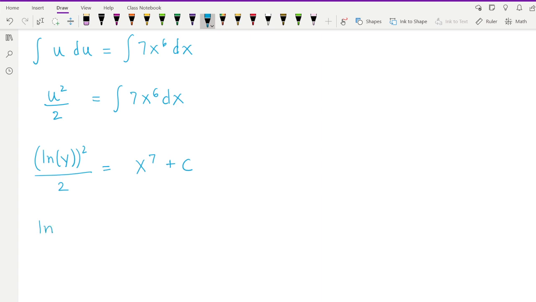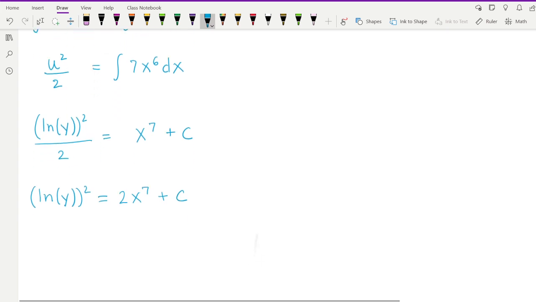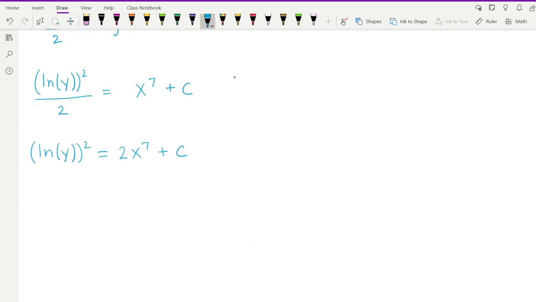That would give us ln of y squared is equal to 2x to the 7th plus 2c, but we can just still call it c. It's just a new constant. Technically, you could call this c1 and this c2, but it doesn't matter because c just represents an arbitrary constant.